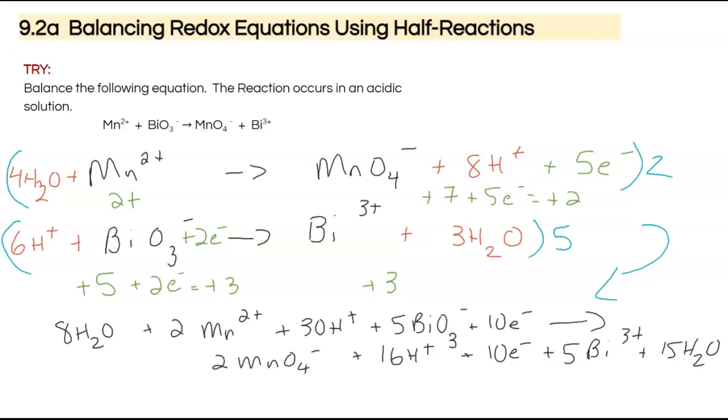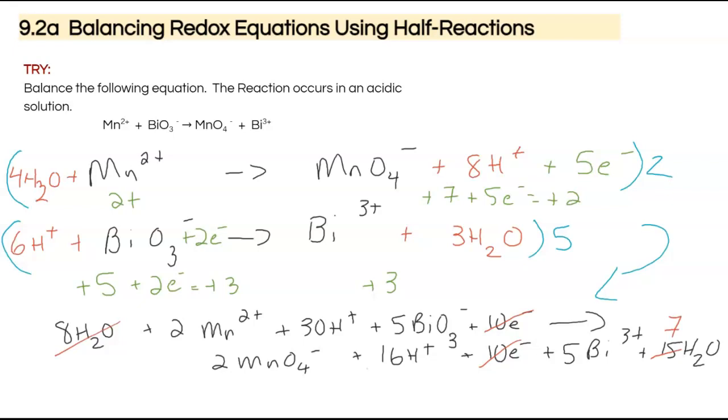Now what I need to do is cancel out any reactants or product entities. First off, my electrons can cancel. They always need to cancel, and if they don't, then there's a mistake and you need to revisit that. I also see that I have 8 waters here and 15 waters here. So all 8 of these will cancel and 8 of the 15 will cancel, which will give me a total of 7 waters left. The next thing I need to do is check these hydroniums.